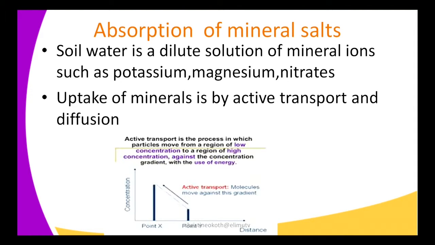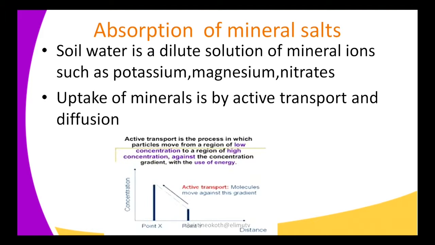So how are these mineral salts absorbed from the soil? The soil water is a dilute solution. It contains mineral ions such as potassium, magnesium, and nitrates. The uptake of minerals is by processes we call active transport and diffusion.